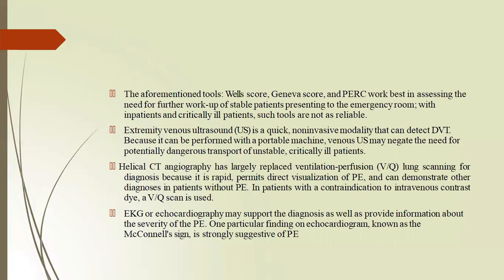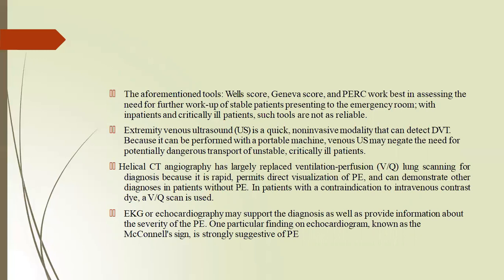The aforementioned tools, Wells score, Geneva score, and PERC work best in assessing the need for further workup of stable patients presenting to the emergency room. With inpatients and critically ill patients, such tools are not as reliable.